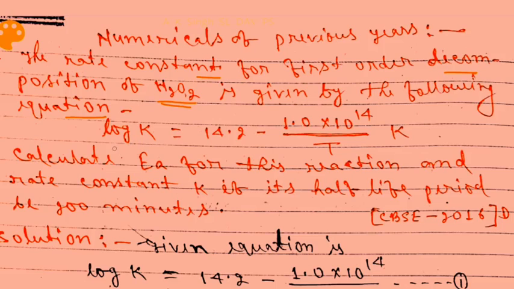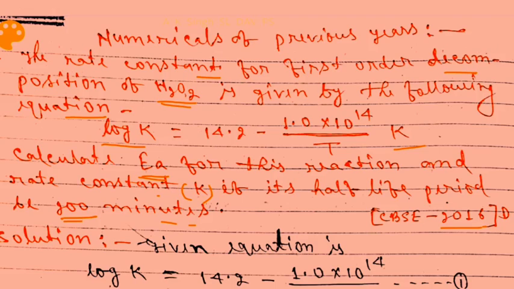The equation given is log k is equal to 14.2 minus 1.0 into 10 to the power 14 by T K. Now calculate Ea, the activation energy for this reaction, and the rate constant k if its half-life period is 200 minutes. It was asked in CBSE 2016, Delhi board.